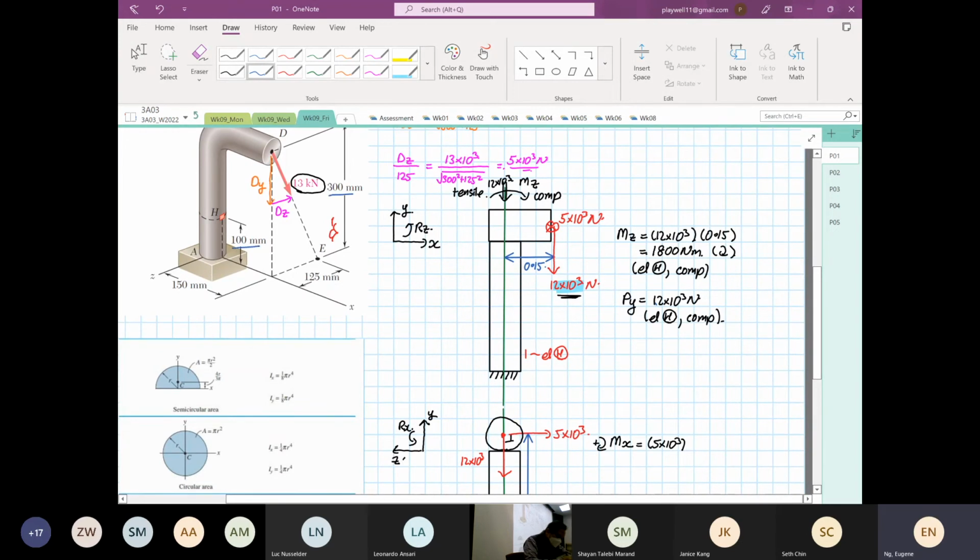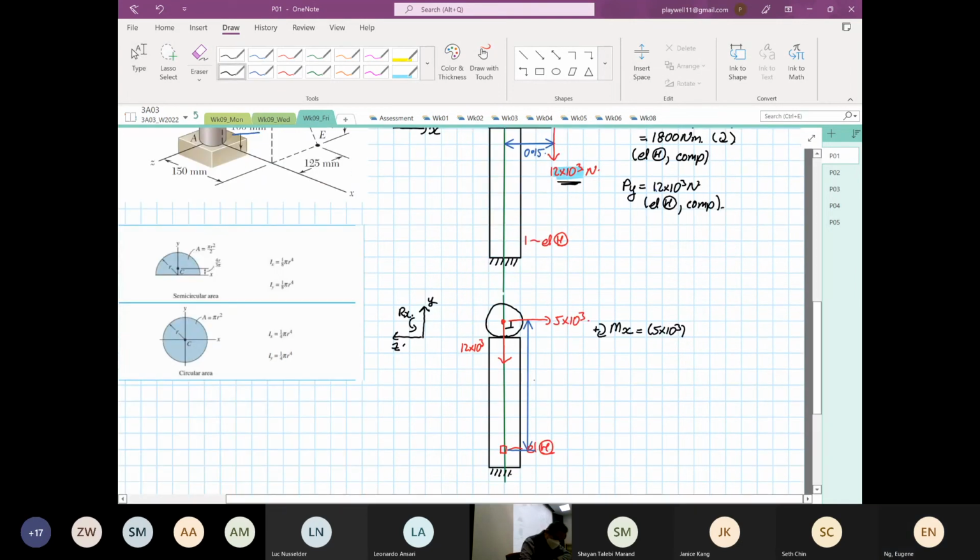You have an offset of 100 to the element. So this is 0.2, so this will be multiplied by 0.2. 5 power 3. So it will be 1 times 10 to the power 3 Newton meter.